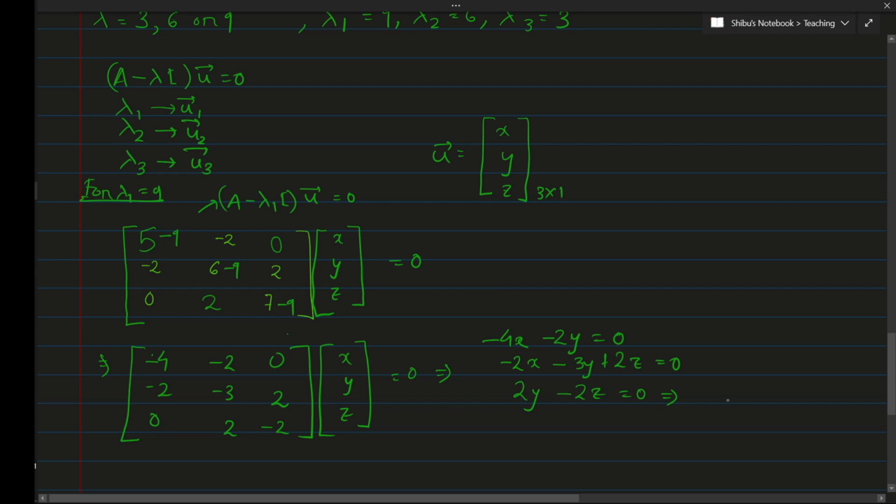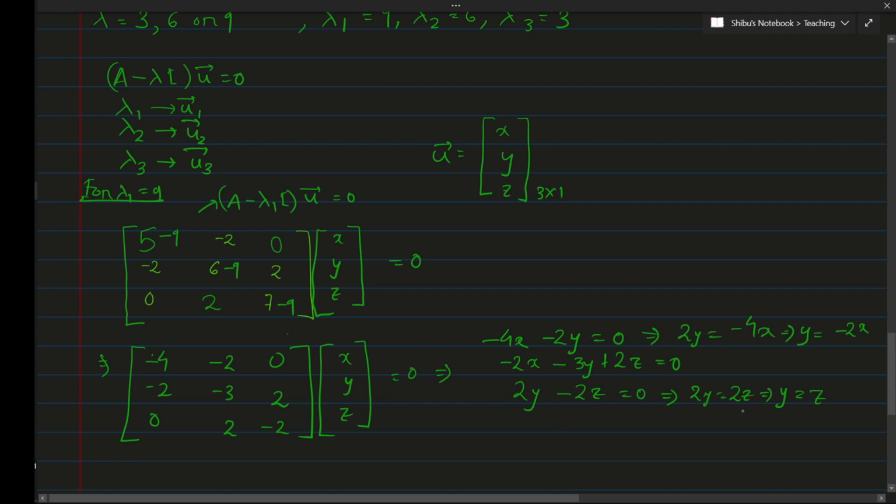So from this equation we can say that 2y is equal to 2z, and hence y is equal to z, right? And from this equation we can say that minus 2y is equal to minus 4x, so you can say y equals to minus 2x, right? This 2 will come here.